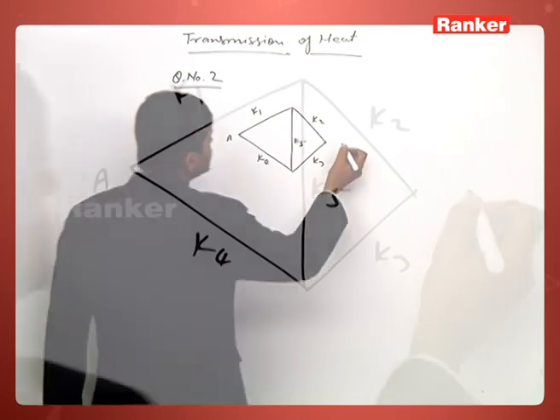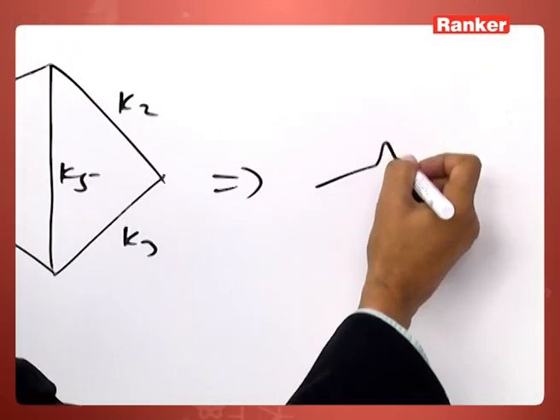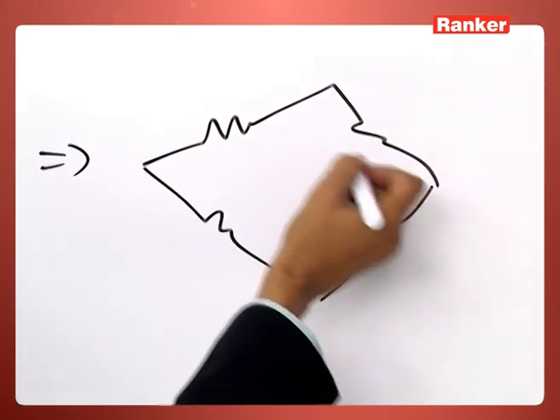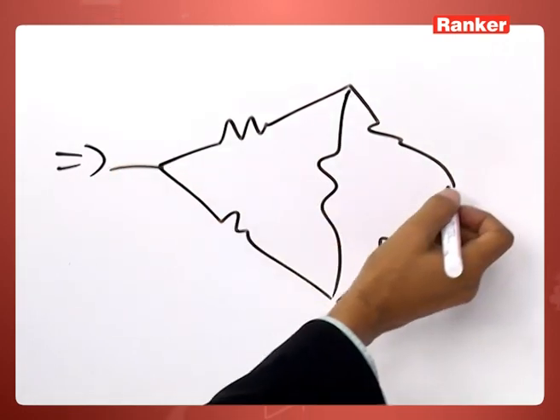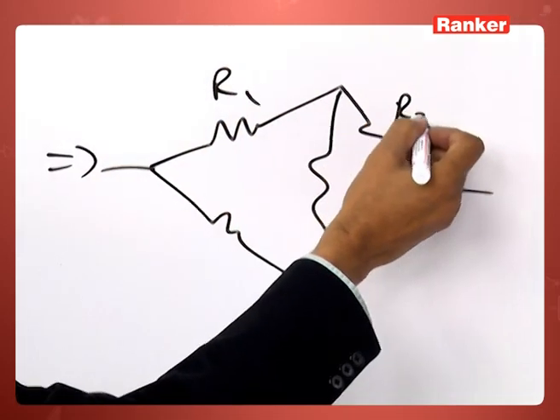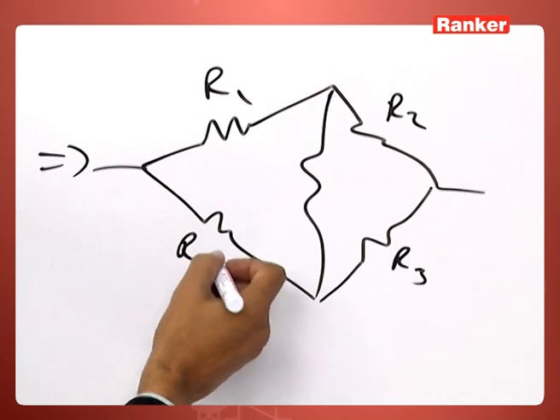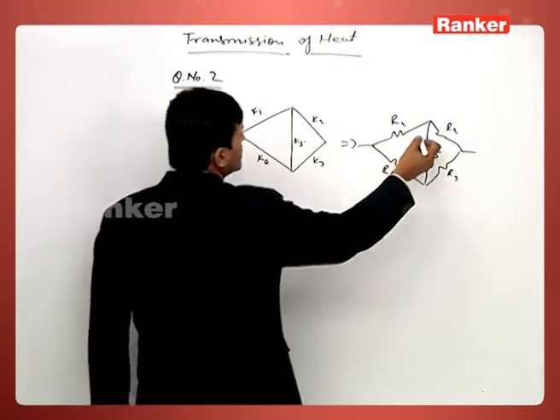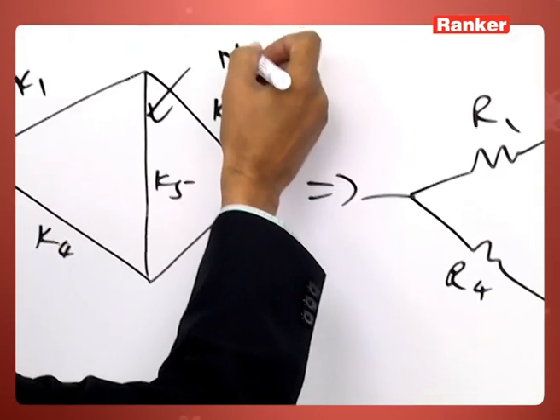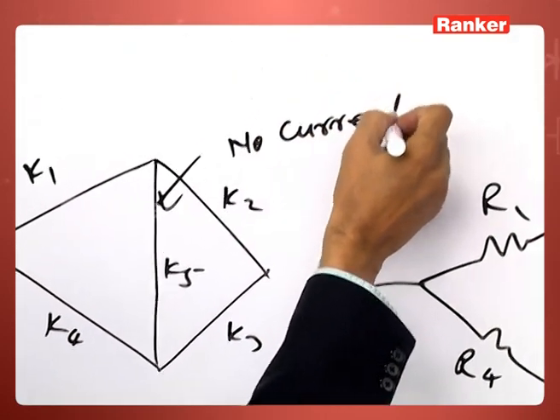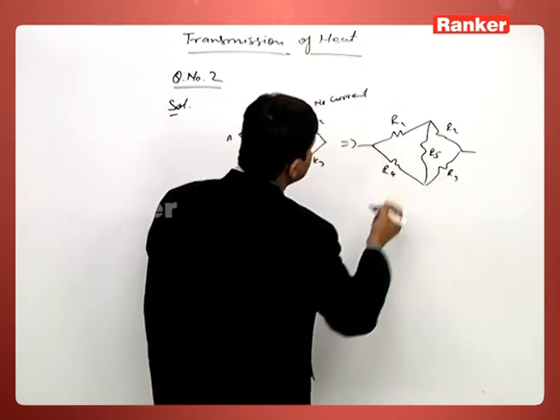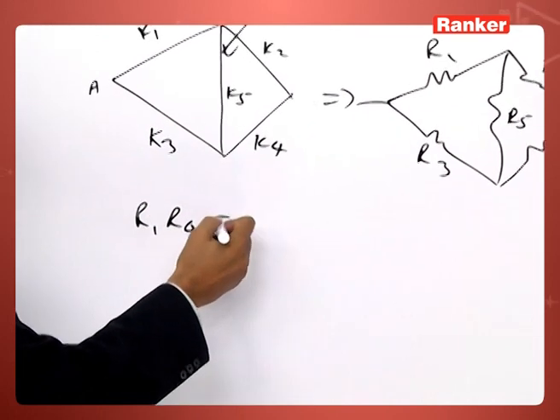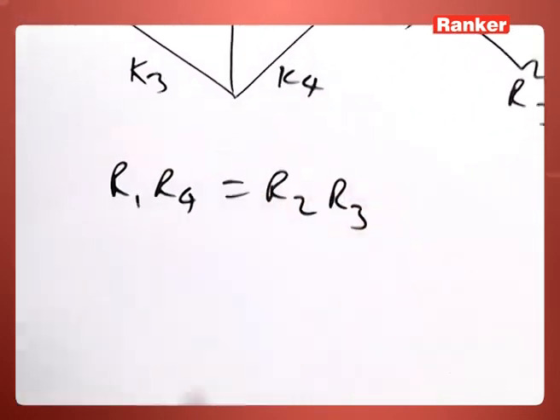It is just equivalent to an electrical circuit here, and we know that when there is no current here, no current means these and this. From here we will get R1 into R4 is equal to R2 into R3.